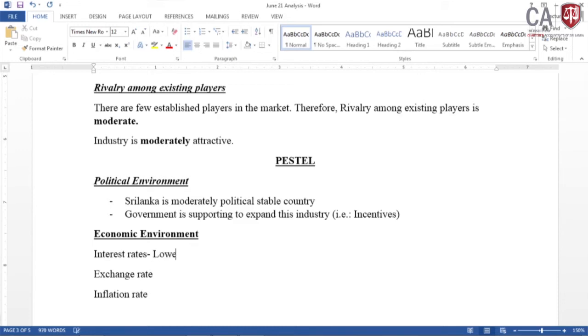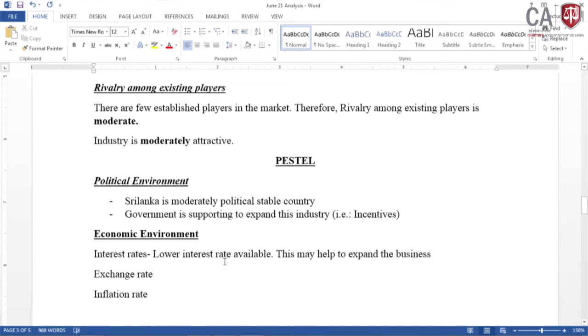Lower interest rates available in the country are an opportunity, and this may help to expand the business.